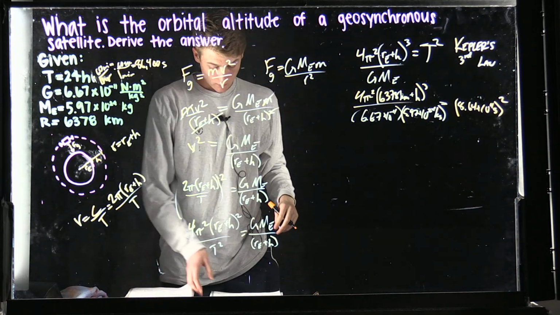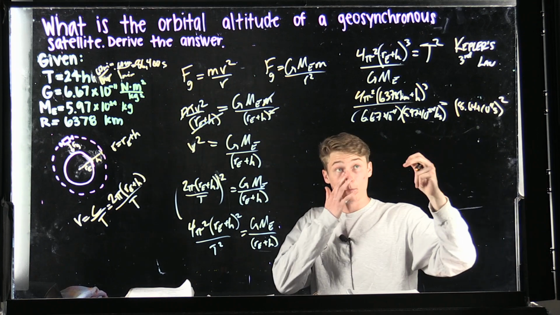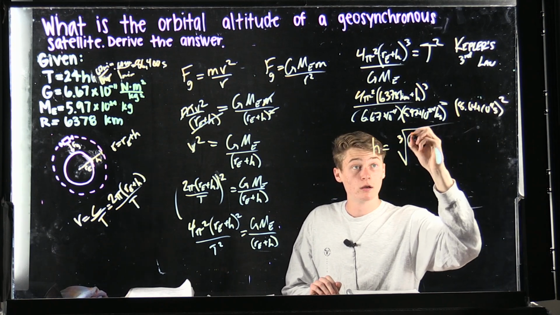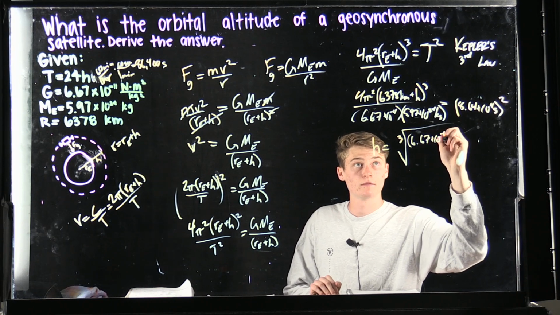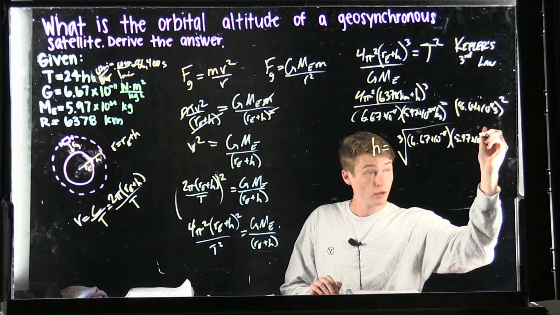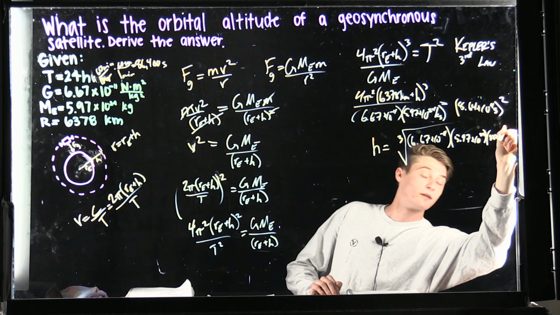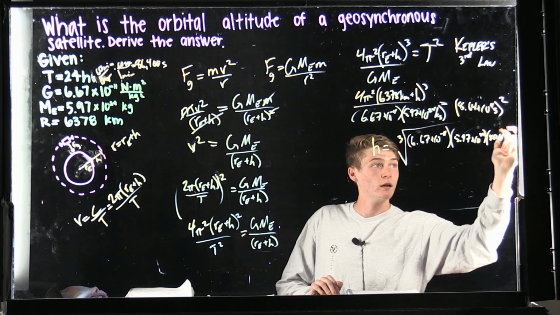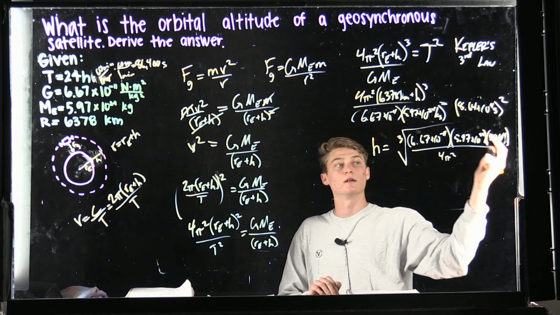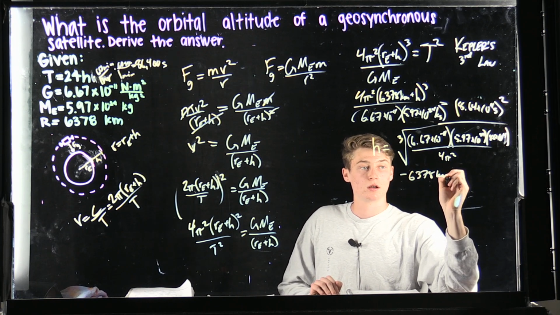Okay, so then when we solve for that, we can multiply these together and move it over to this side, and we're going to be left with h equals the cube root of 6.67 times 10 to the negative 11th times 5.97 times 10 to the 24th times 8.64 times 10 to the 4 seconds, over this 4 pi squared, and then because it's added to the radius of the Earth, afterwards we're going to have to subtract 6,378 kilometers.